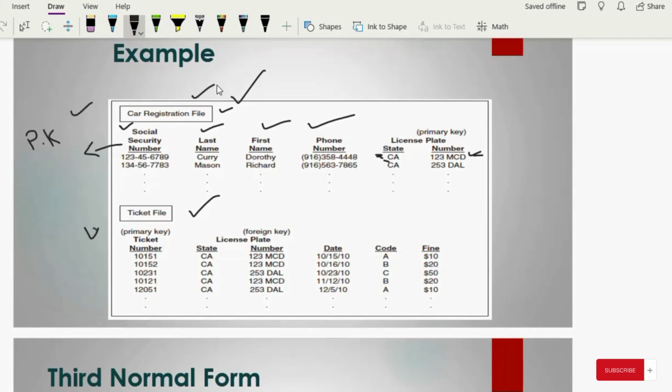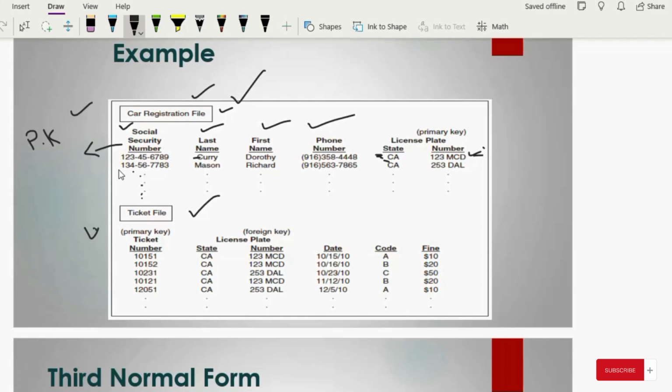This is the car registration table or file. So this file has all those students' records who have a registered car against their name. What if a student has two registered cars on his name? Then in that case, his social security number will be coming twice. It will be repeating. So I cannot make it the primary key, right?